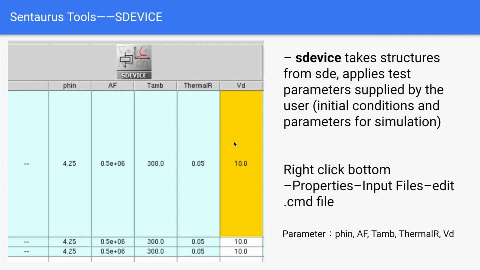If you right-click the button, then Properties, then Input Files, you can edit the SDevice CMD file. The parameters are pthing, AF, and other parameters, and also BD. For our examples, we will change BD and do some simulation.